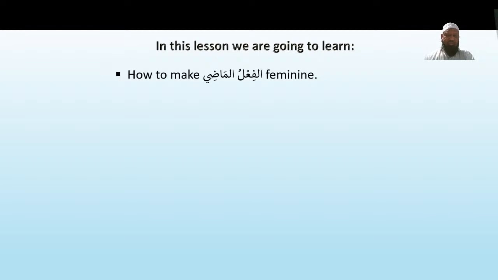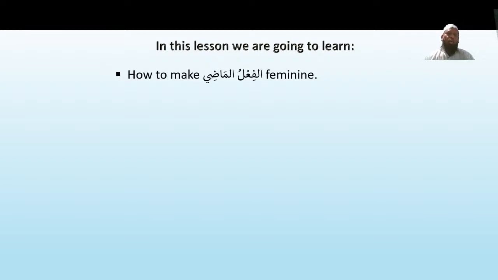And we have learned that every fi'l, either it be fi'l madi or fi'l al-mudari' or fi'l al-amri, it needs a doer. Every fi'l must have a doer. And the doer is the subject, and in Arabic it is called al-fa'ilu.